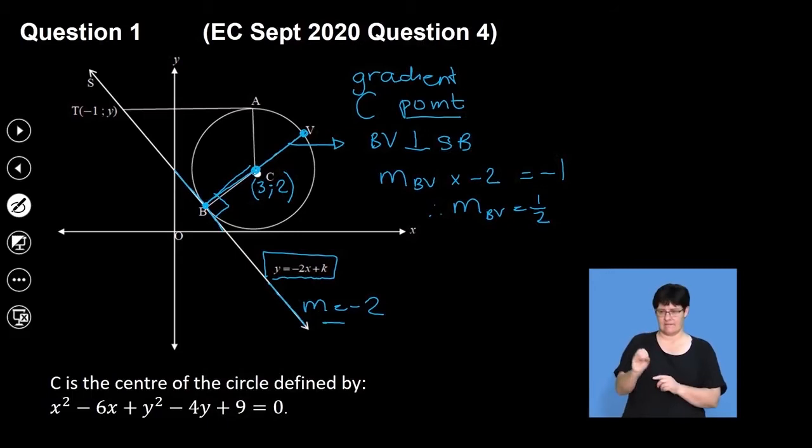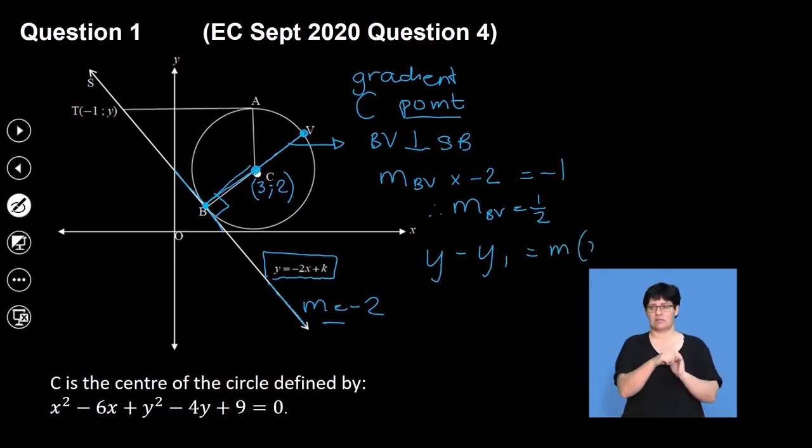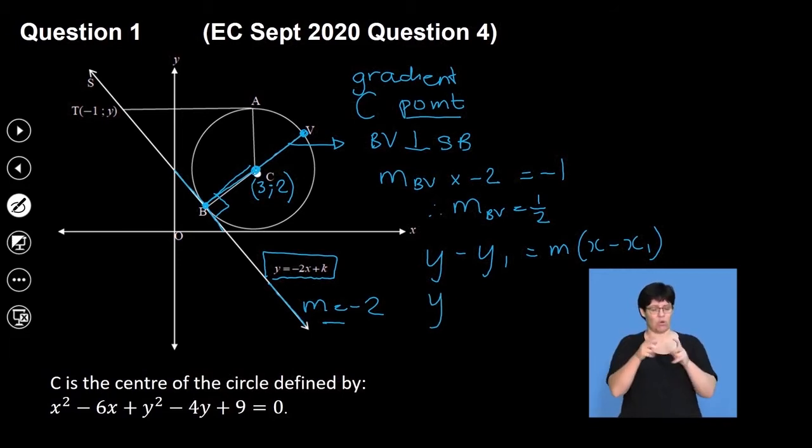Okay, so it's 1/2. Now, the last thing we need to do is find the equation of that line. So we're going to use our equation formula: y minus y1 is equal to m into x minus x1, where m is the gradient and x1, y1 are the coordinates of a point. So we can now substitute those in. We know that y minus 2, got the 2 from over there, is equal to 1/2 into x minus 3.